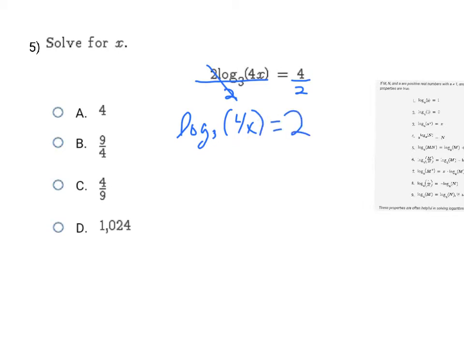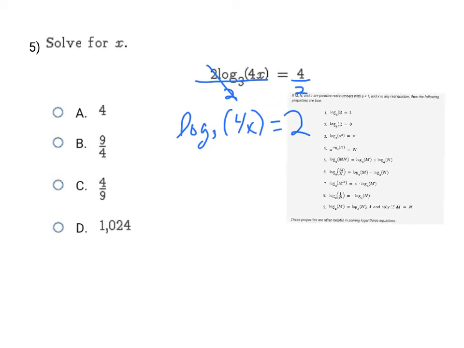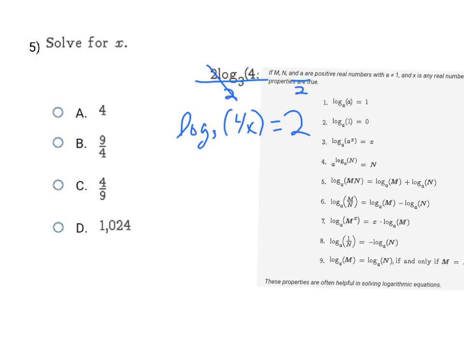And so to eliminate the logarithm from the problem, if I look over here at my properties, number 4 says if the logarithm is in the exponent and the bases match, then I'm just left with the argument.